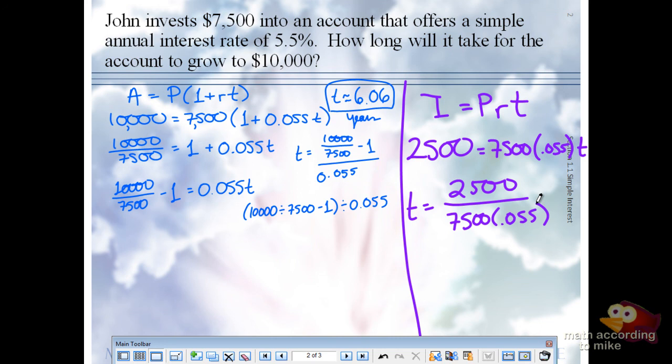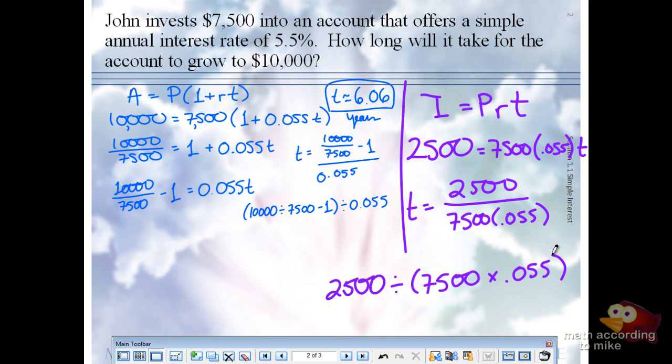Without the parentheses, you'd only be dividing by the 7,500 and not both parts, because your calculator does order of operations from left to right, just as you should, your Aunt Sally thing. So we need this entire product dividing into the 2,500. If you do that in your handy-dandy calculator, you should get the same answer.